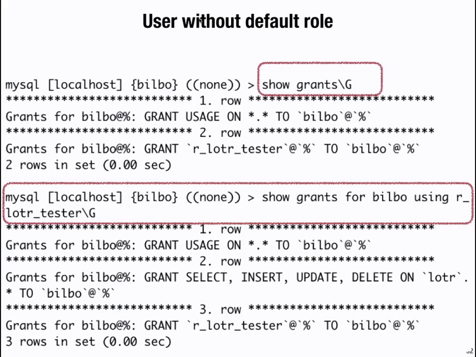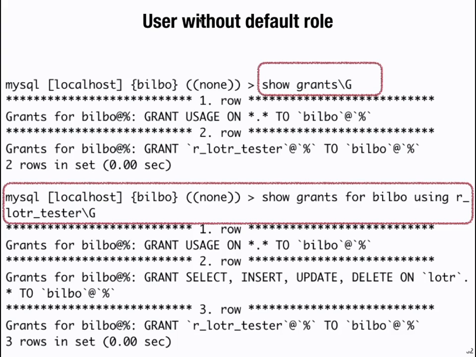Let's see instead if the user does not have a default role. In this case, we do a show grants, and we see grant usage, okay, and then grant LOTR tester. It means that the role exists, but we don't know what is the content of that role. So we need to try another query, show grants for Bilbo using LOTR tester.